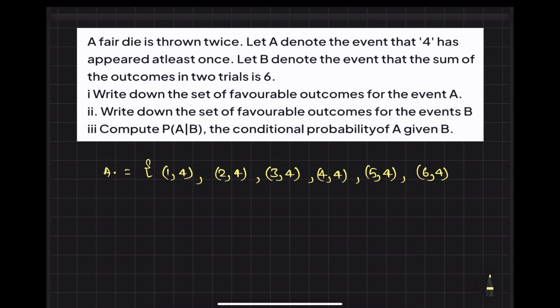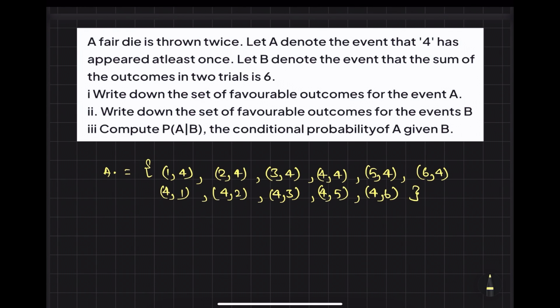Like this is 1 comma 4, so I can go with 4 comma 1. I can go with 4 comma 2. I can go with 4 comma 3. 4 comma 4 is already introduced, so you have to go with the next choice, 4 comma 5, and then we have 4 comma 6.